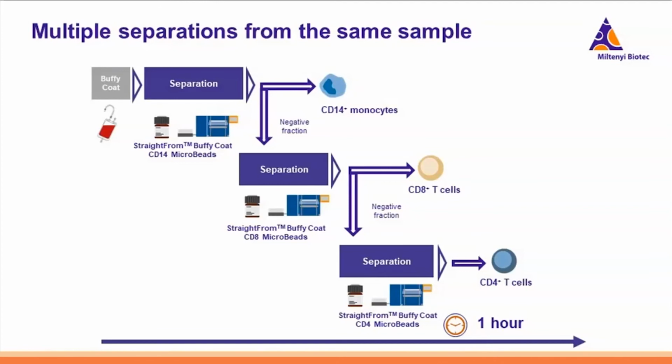This technology allows multiple cell isolation of CD14 monocytes, CD8 positive T cells, and CD4 positive T cells from the same sample in just 1 hour. So this is really convenient.